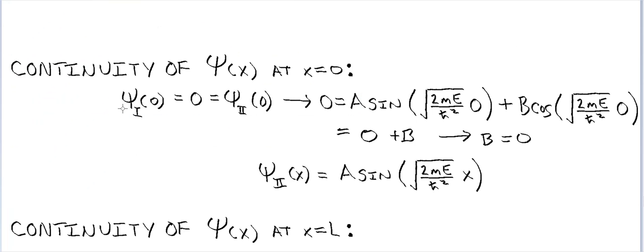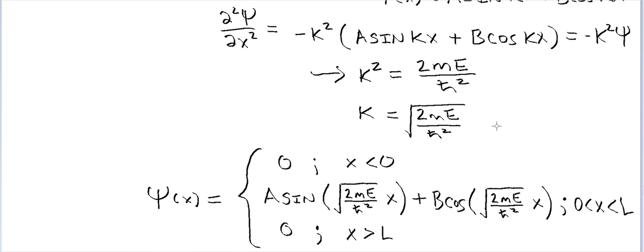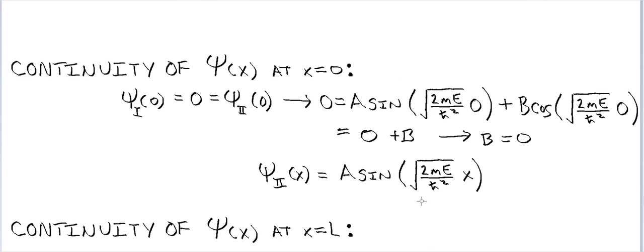And so we can say psi of 0 in region 1 needs to equal psi of 0 in region 2, but we already know that psi of 0 in region 1 is 0, and so we can say that 0 has to equal psi in region 2 at x equals 0.